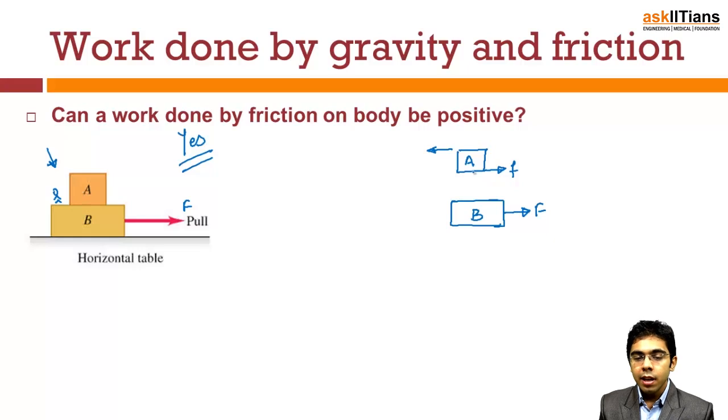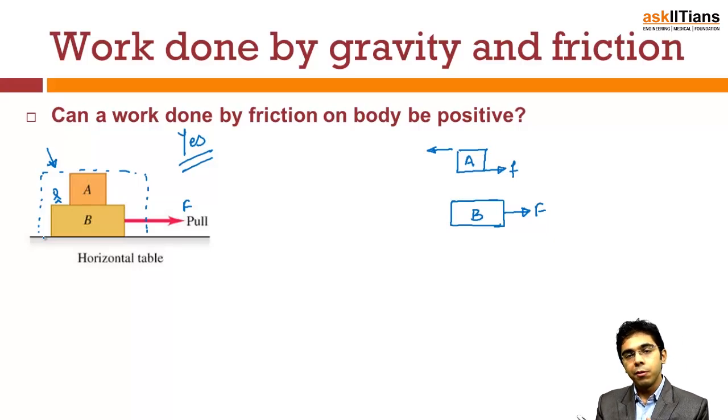Now if we take this as the complete system, because the surface is rough between block A and block B, they will move together and won't lose contact.